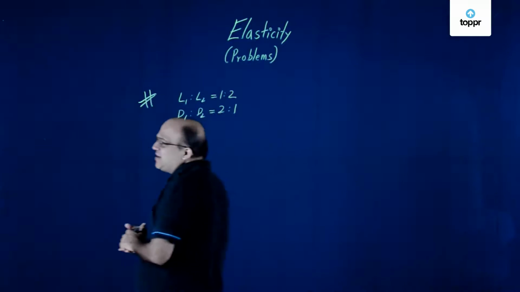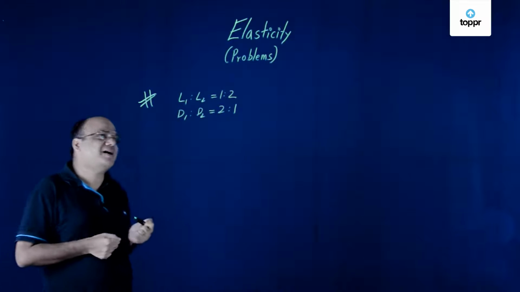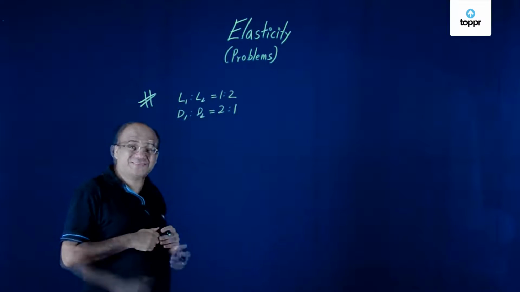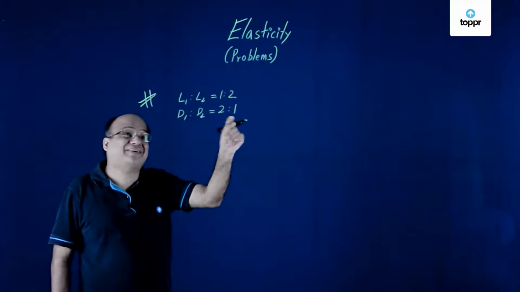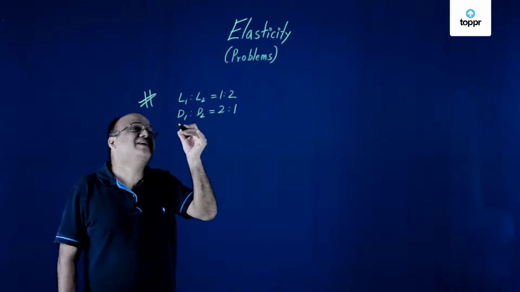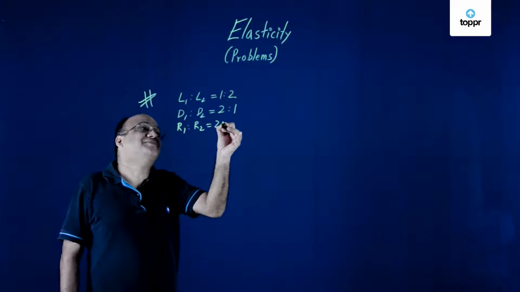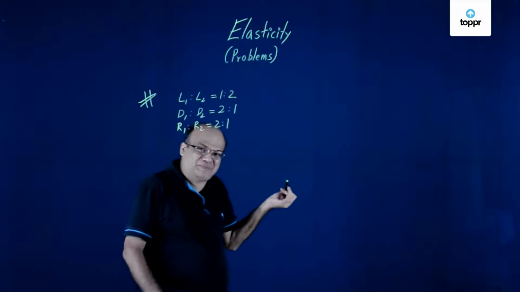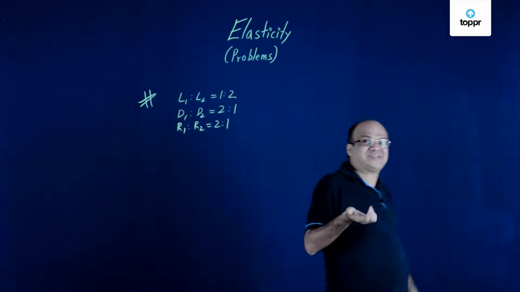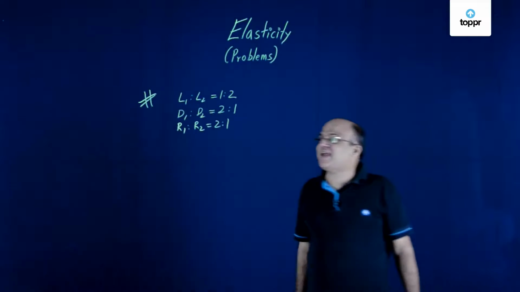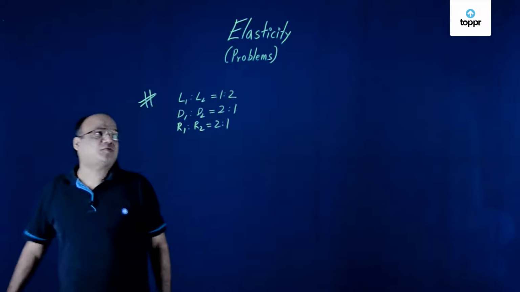So if diameters are in the ratio 2:1, what is the ratio of the radii? They will be in the same ratio because both will get divided by 2, right? So R1 is to R2 is also 2:1. That may be confusing for some people, but remember, if diameters are in the ratio 2:1, radii also will be in the ratio 2:1.